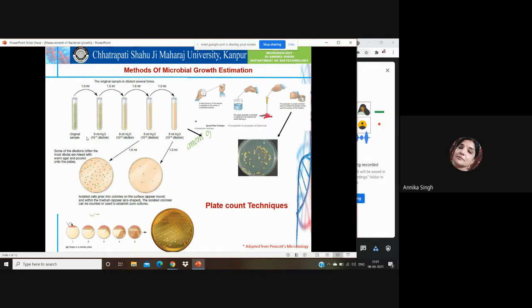After obtaining the pure culture, what is the serial dilution? Actually, if you have an original sample, so you have to dilute it by many times.